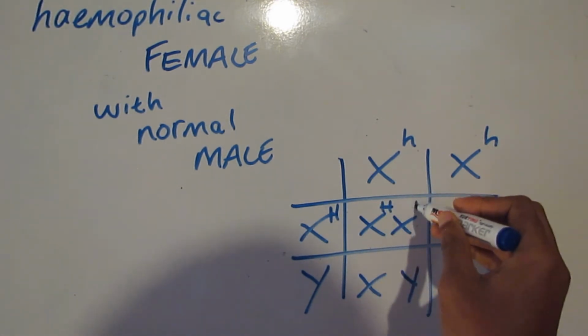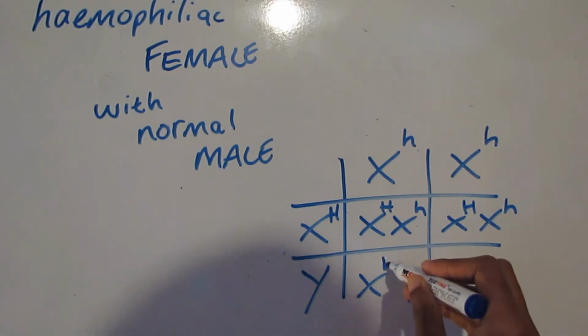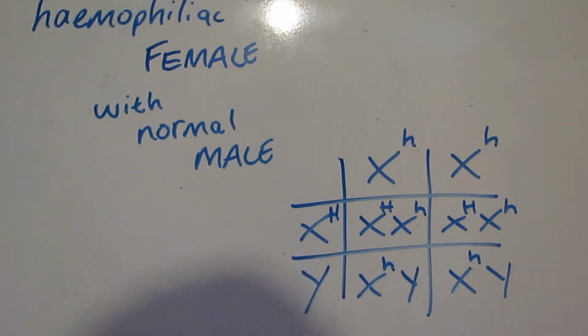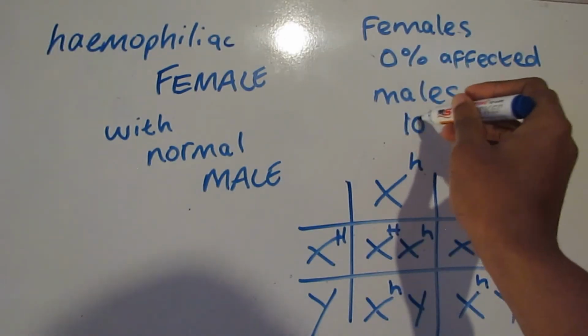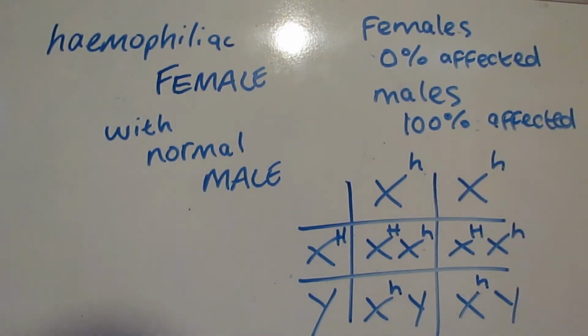So our probability then of females having hemophilia is 0, because we have 0 affected, but they're all carriers. But for males, we have 100% of males that are having this disorder.